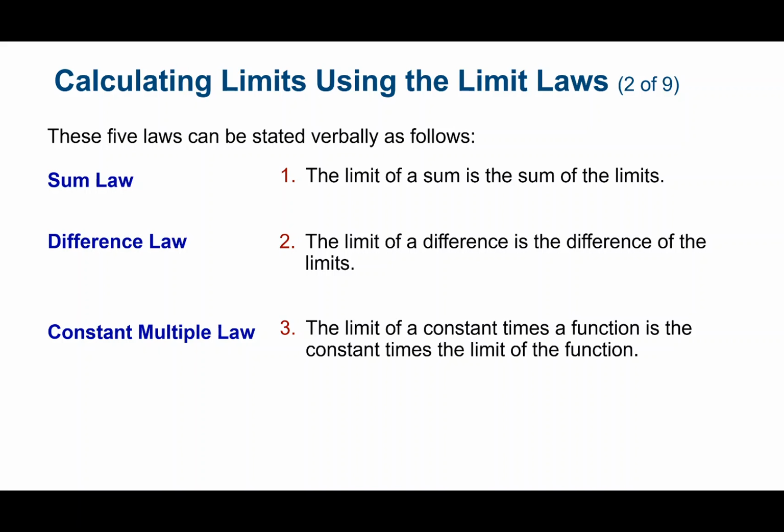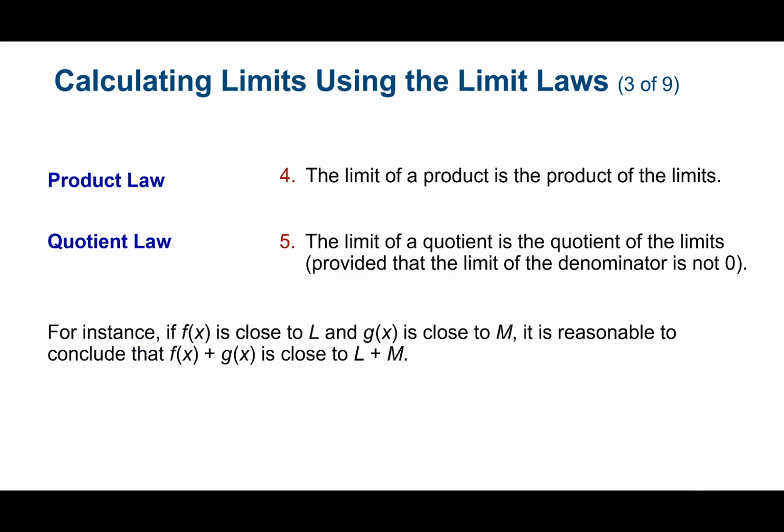Limit of a constant times a function is the constant times the limit of the function. Same thing with product: limit of a product is the product of the limits. It's boring to talk about, but it's really nice to use these properties. And then number 5, the limit of a quotient is the quotient of the limits, as long as the limit of the denominator is not 0.